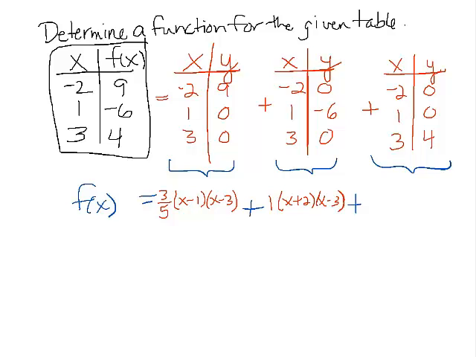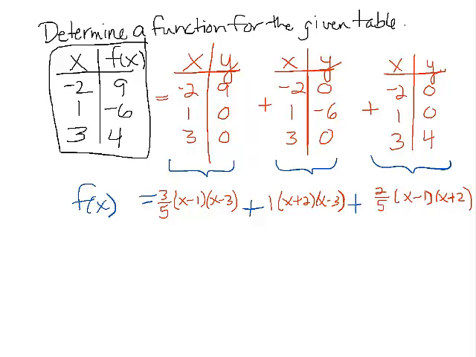And the last one was 2/5. This was x minus 1, x plus 2. So now notice, we have f of x. It's not in a form that we're used to seeing. It looks like we have a factored form, plus another factored form, plus another factored form, which doesn't make it factored form anymore.